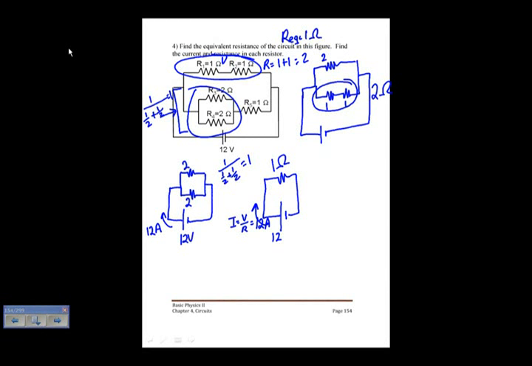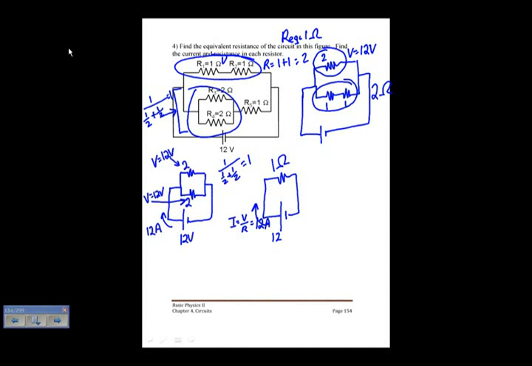I also know in these two resistors here, that my voltage is equal to 12 volts, and my voltage here is equal to 12 volts, because they're in parallel, they have the same potential. So going up to this circuit right here, I have a voltage equal to 12 volts.